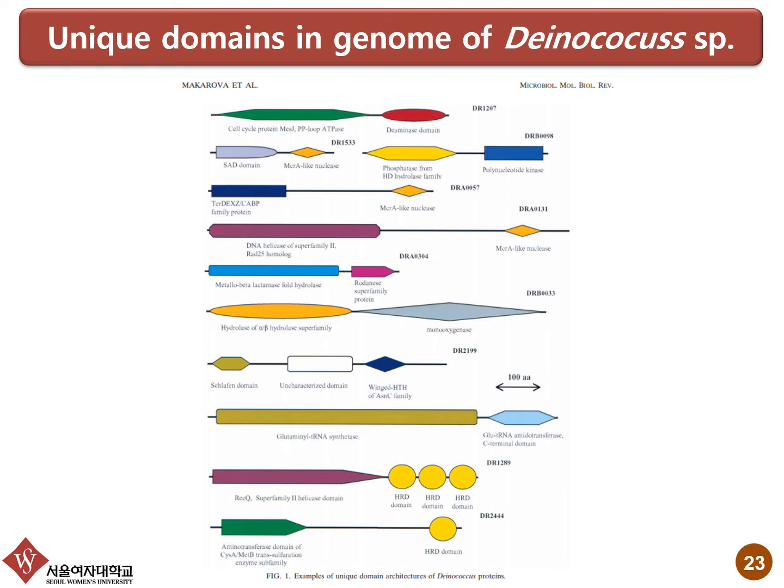Several articles have been published which show the unique domain architecture of Deinococcus proteins. The most popular ones in the study are the DNA helicase superfamily, Mercae-like nuclease, hydrolase, monooxygenase, and RecA or RecA-like proteins.